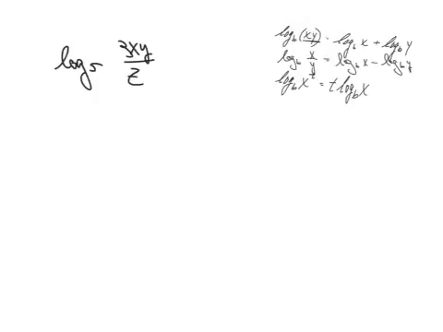That is going to be log base 5 of 3xy minus log base 5 of z. Okay, so at this point you're thinking, oh, that isn't too bad.